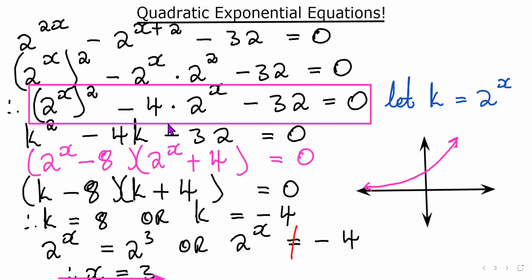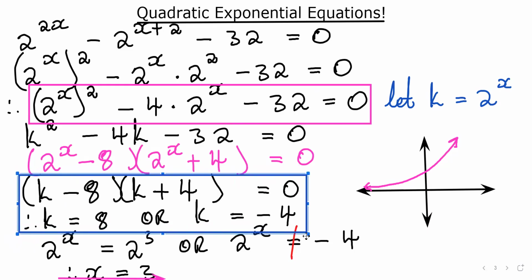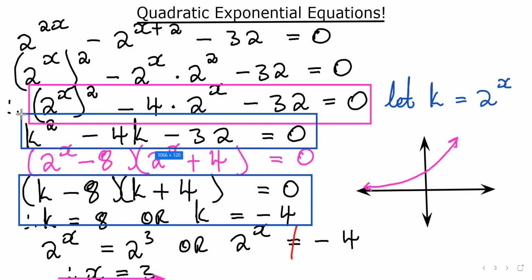But if you didn't use the k substitution method, then what is going to happen? Well, it means you are not going to have this part on your solution, as well as this one. So the blue parts are not going to be there.